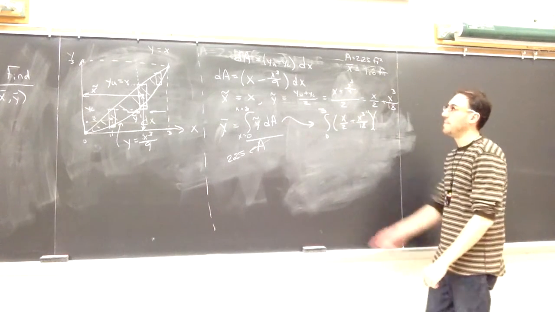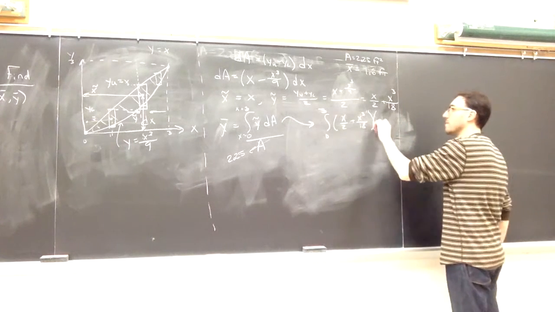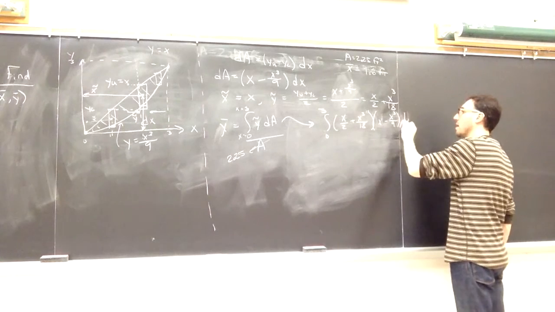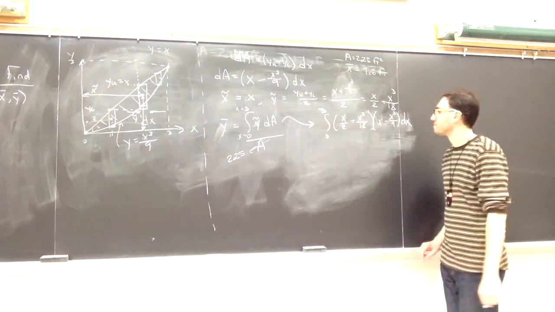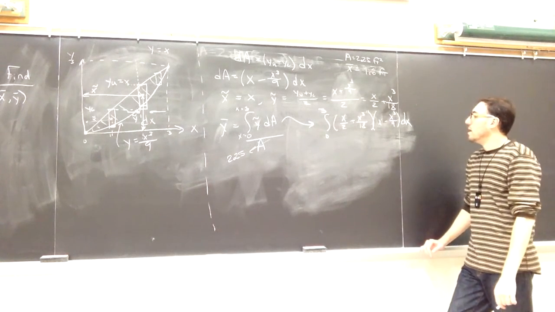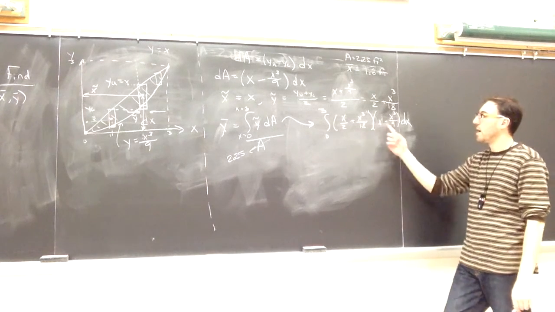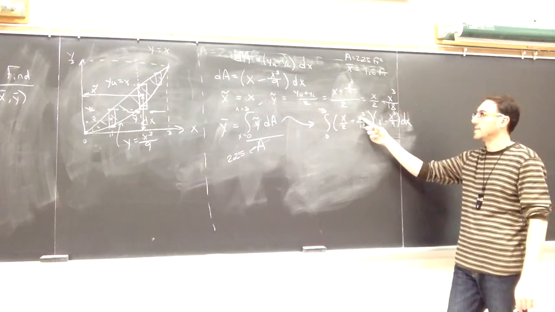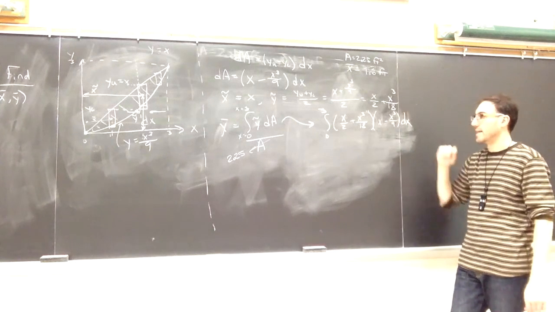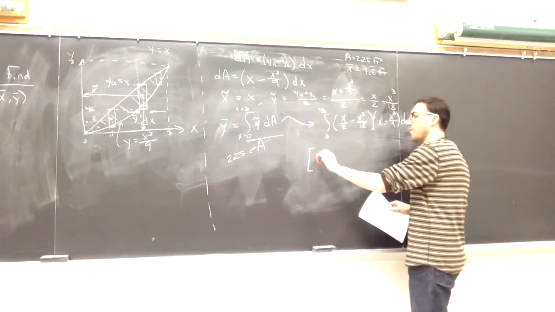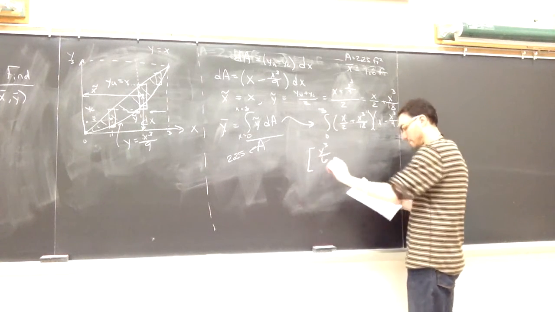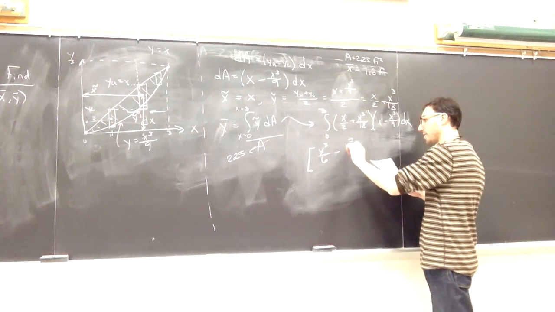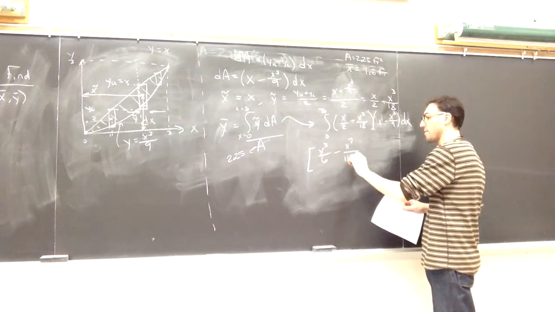And I have to multiply it by dA. So multiplying polynomial terms here, this one simplifies a little bit because this is an x and an x cubed. This has an x and an x cubed. I get x cubed over 6 minus x to the 7th over 1134.